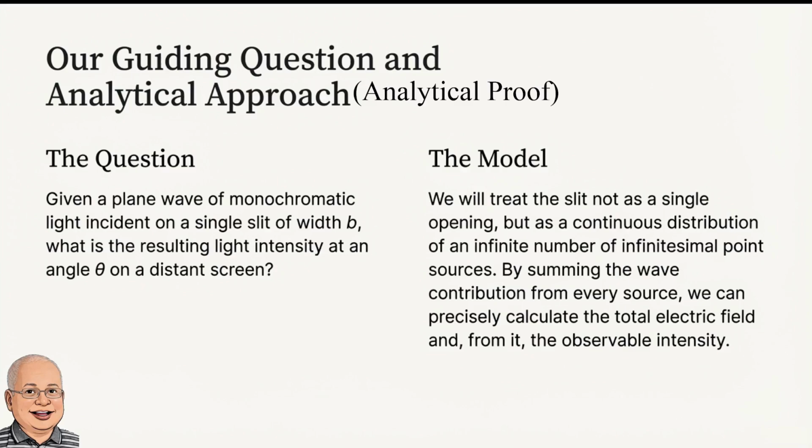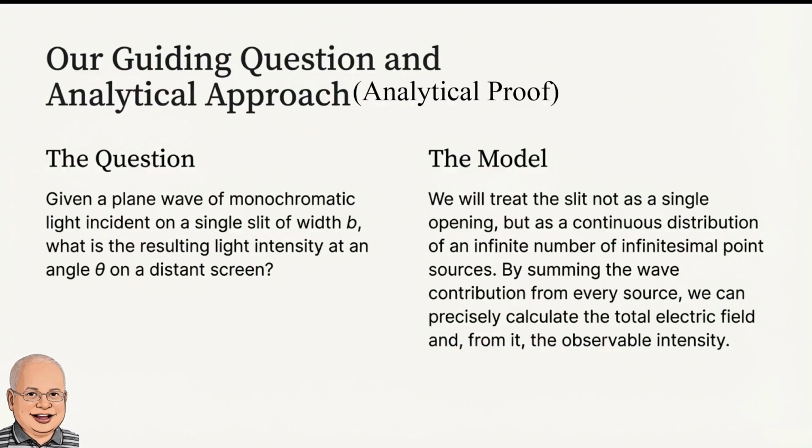So that was a philosophical or pure physics based proof, no mathematics. Now let us look at a mathematical or analytical proof. The question here is: we are given a plane wave of monochromatic light incident on a single slit of width b. What is the resulting light intensity at an angle theta on a distant screen? That is the question we are going to answer.